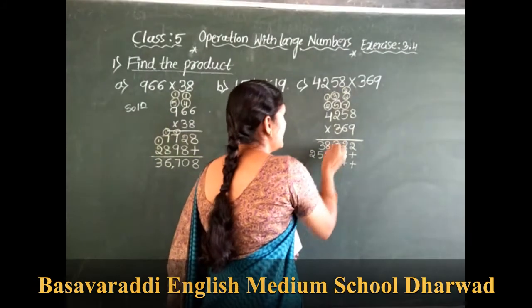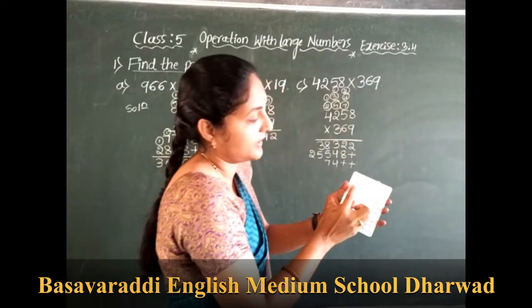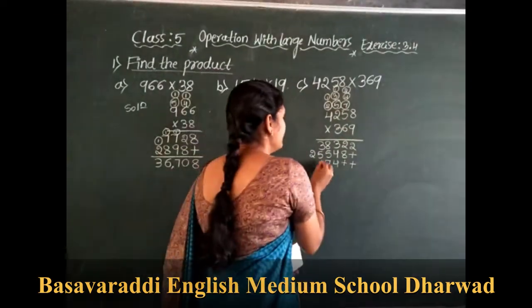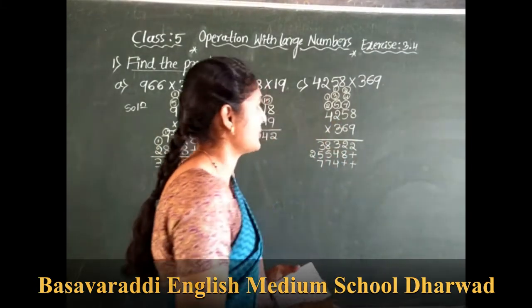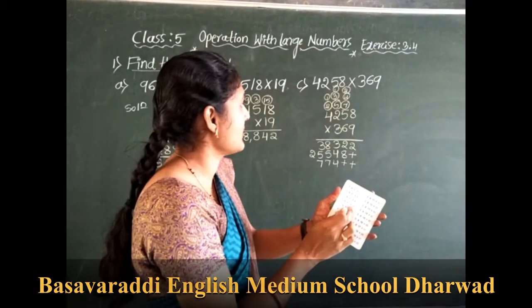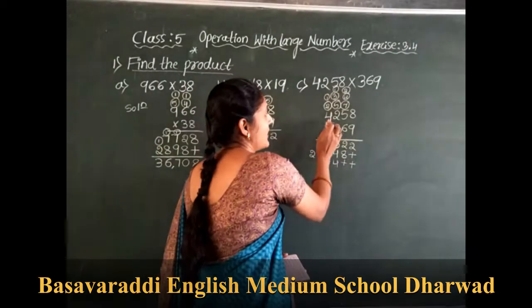So 7 is here, 1 carry over. 3 twos are 6. The 6 plus 1 is 7. 3 fours are 12. There is no carry over there.